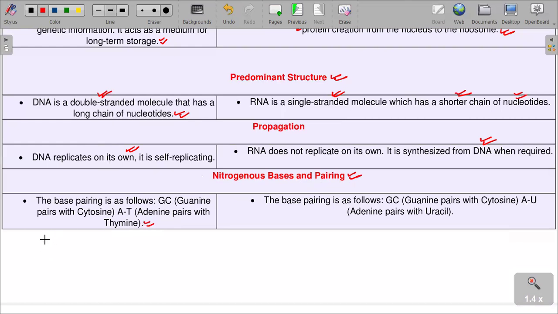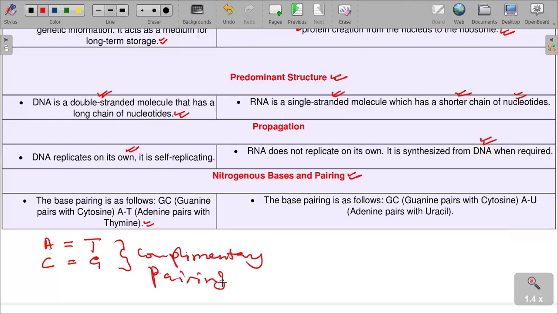I'm sure I already told you that the equal sign means pairs with. We also have C pairing with G. This is the complementary pairing of bases in DNA.